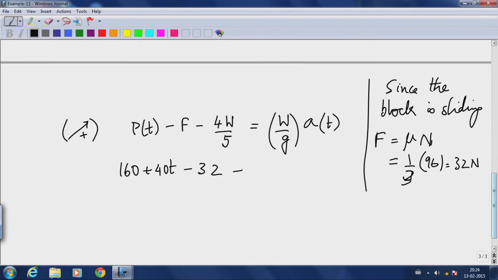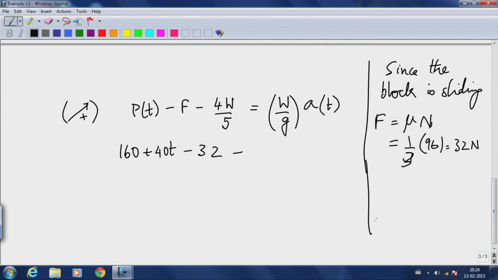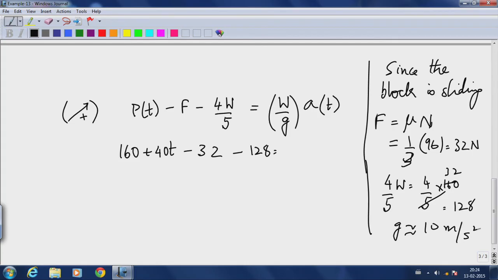Minus 4W over 5. I am going to assume, like always, g is 10 meters per second squared, which puts the mass at 16 kilograms times a of t.